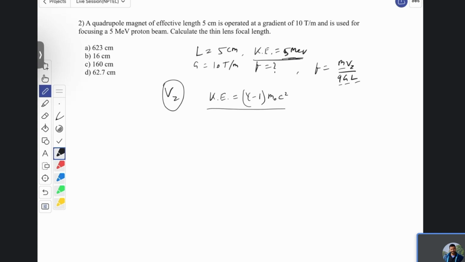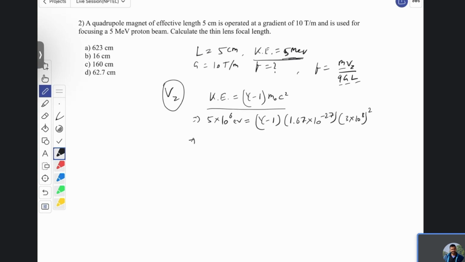Let's put everything here. 5 into 10 to the power 6 eV is equal to gamma minus 1, mass of the proton is 1.67 into 10 to the power minus 27, speed of light is 3 into 10 to the power 8 meter per second.